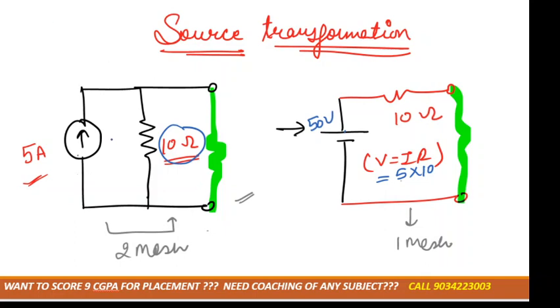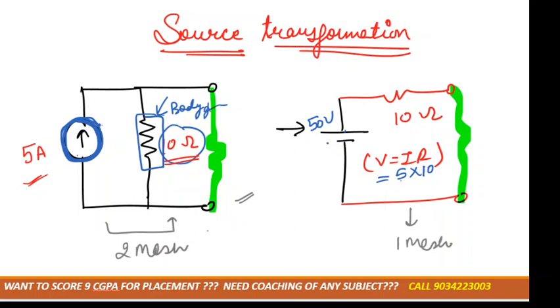Now you can understand the concept I told you, that the current source is your enemy, right? I told you that the current source is your enemy, and let us imagine that this resistance is the bodyguard of your enemy. Now if the bodyguard is far away from the current source, then you can convert this current source into a voltage source.